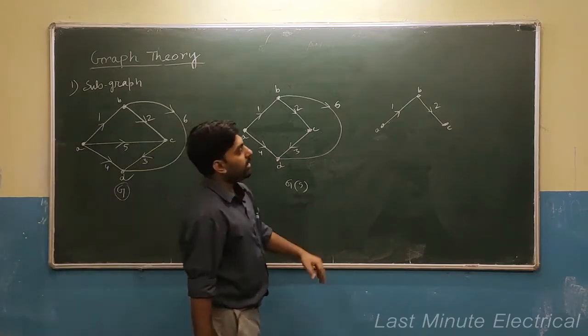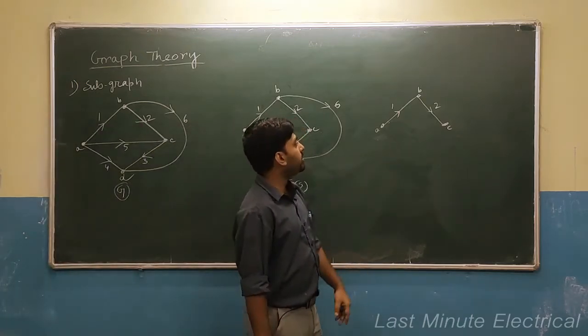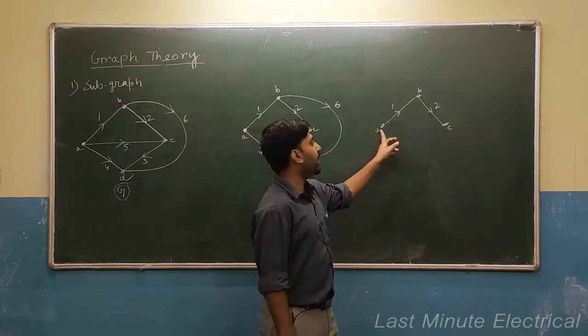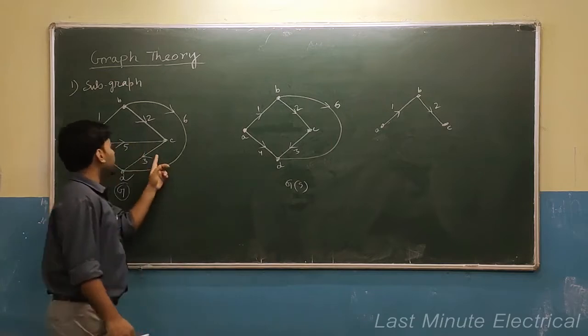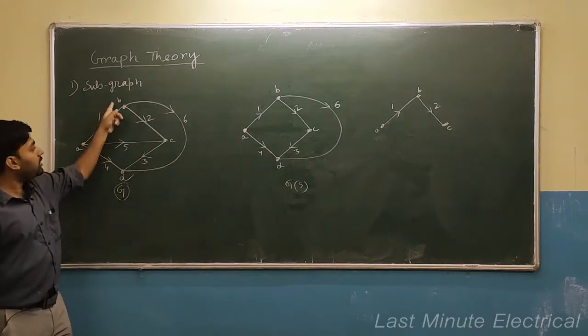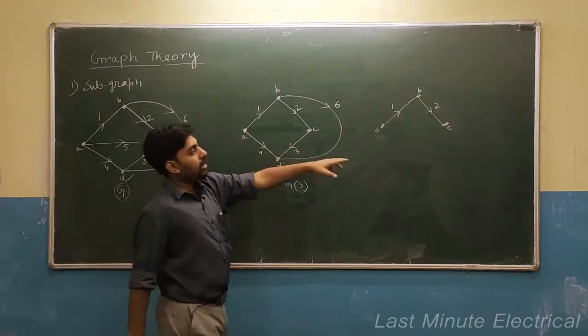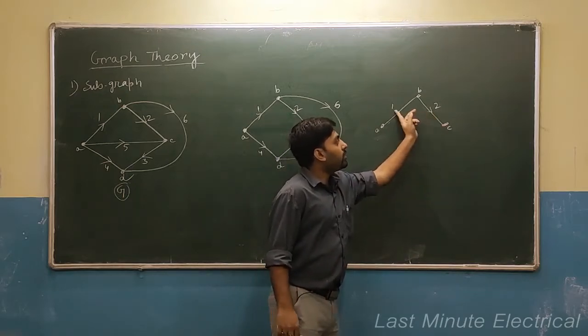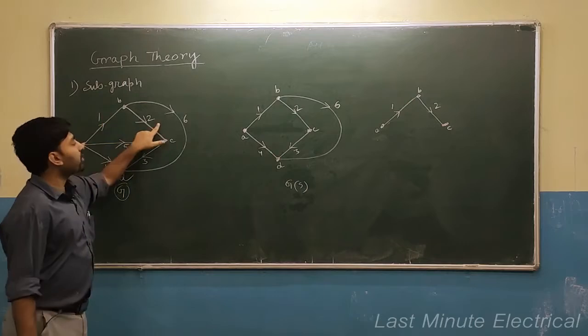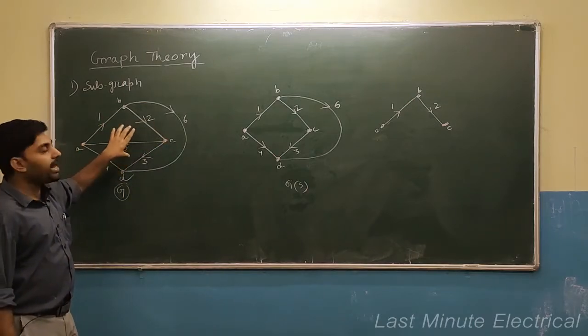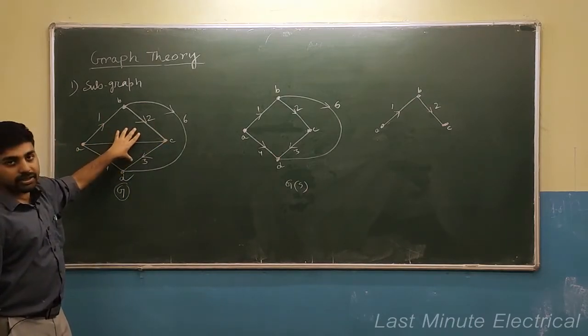Similarly, if you take this example, here 3 nodes are present, A, B, C. These A, B, C nodes are also present in the main graph G. Moreover, 1, 2 branches are present in this graph, and these 1, 2 branches are also present in the main graph. What is extra in the main graph?